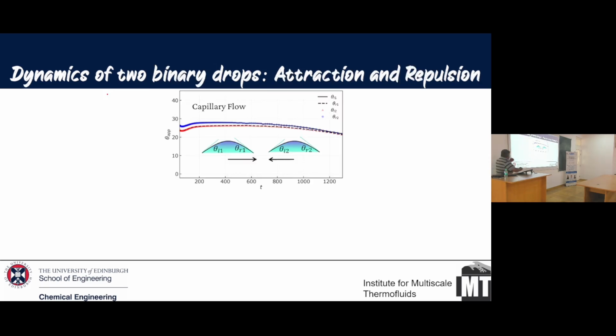Now we'll look at it very carefully and see what happens with these things. Obviously you've got two droplets, so you've got four contact angles. We look at the contact angles which are seeing each other, which are actually looking at each other. This is theta R1 and theta L2, and we'll find that theta R1 and theta L2 behave in the same way.